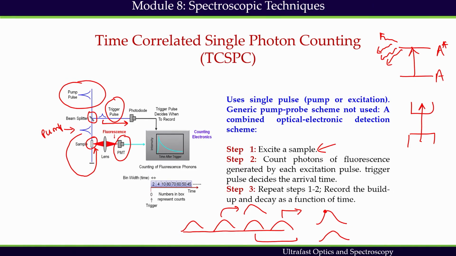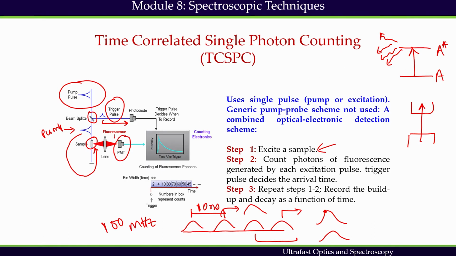the sample. Typically, Ti-sapphire oscillators exhibit a repetition rate on the order of 100 megahertz, which corresponds to an interpulse separation of 10 nanoseconds. So, if it is a 100 megahertz laser system, then the typical separation between two pulses in a pulse train would be 10 nanoseconds.